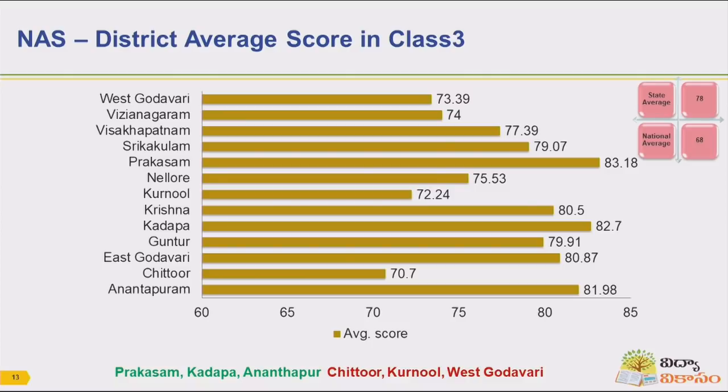Our state score is 78%, but even though we are far ahead, our districts show this kind of performance. Prakasam, Kadapa and Anantapur are the top 3 districts. They are showing good performance compared to Chittoor, Kurnool and West Godavari, which need more improvement in their children's performance in class 3.